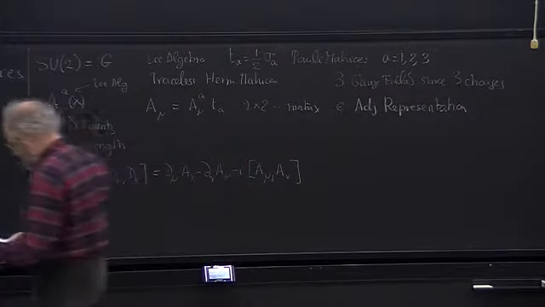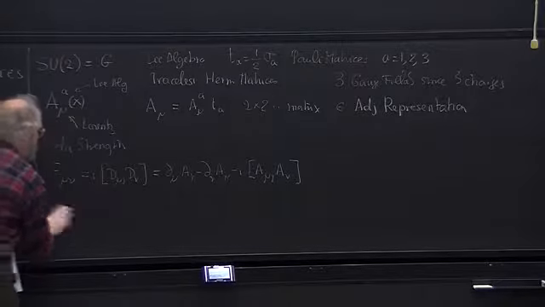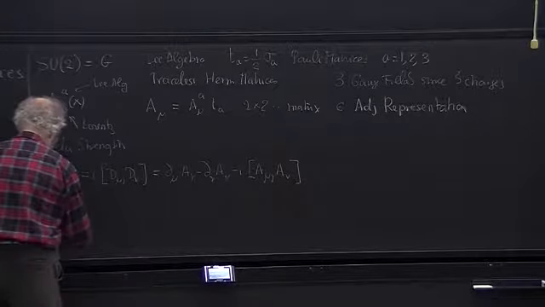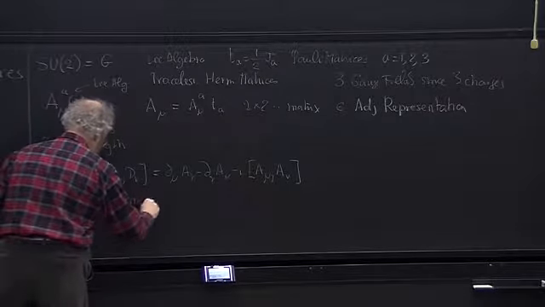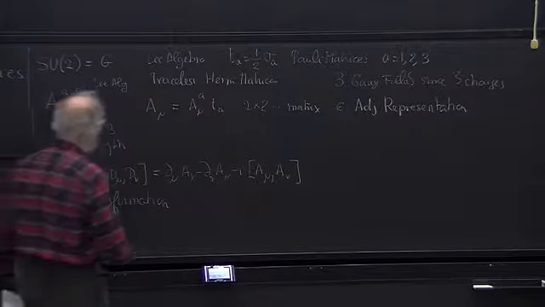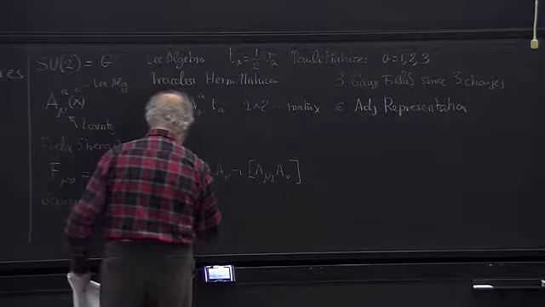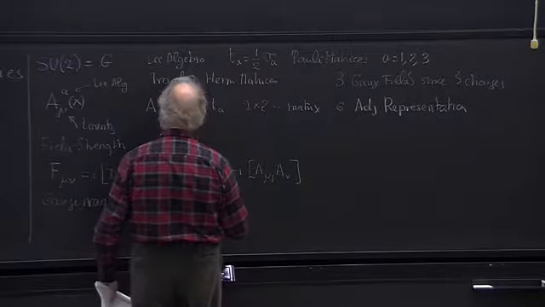Let's write a gauge transformation, a modification by an element alpha of x of the Lie algebra.